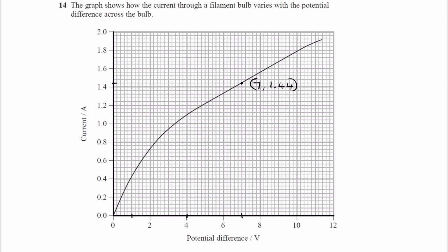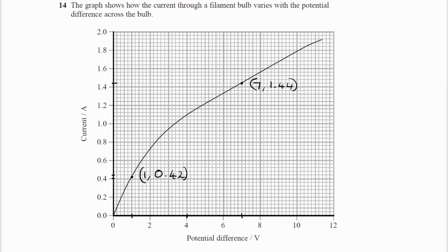And then let's consider what the current values would be for those voltages and then work out the resistances. So for 1 volt, I'm going to say that this curve kind of crosses halfway between these 2 points, in which case this coordinate would be 1 for the voltage, and for the current it would be 0.42.